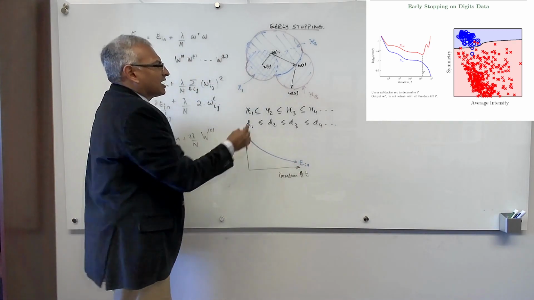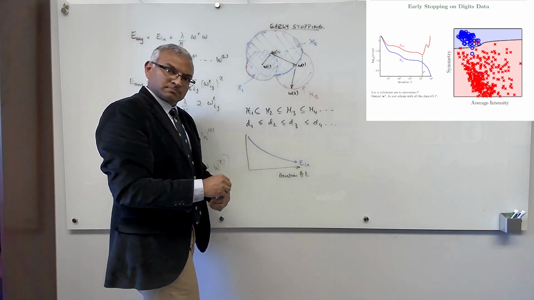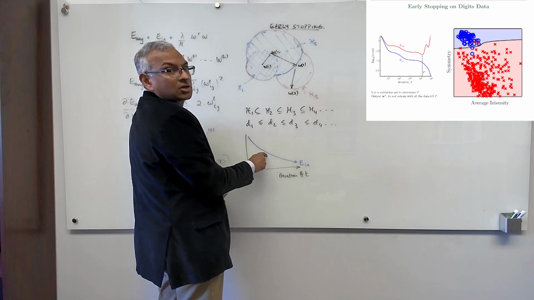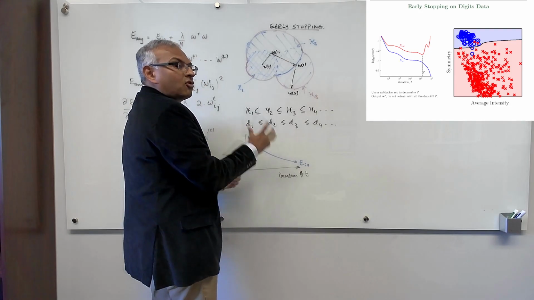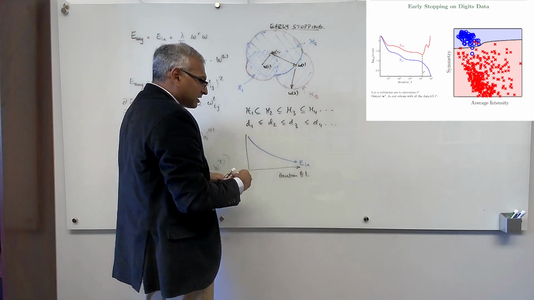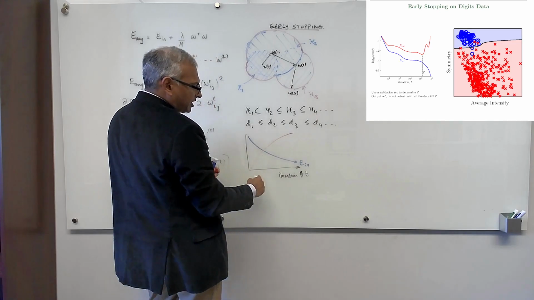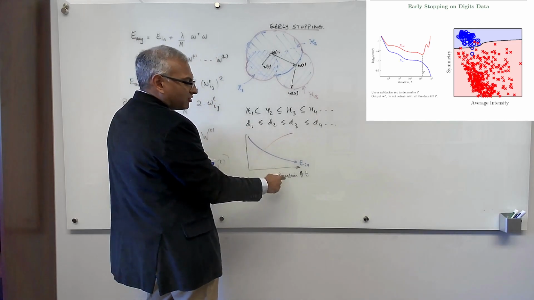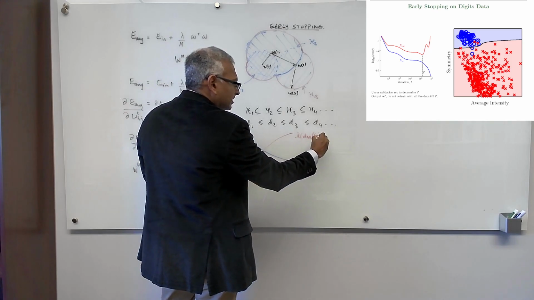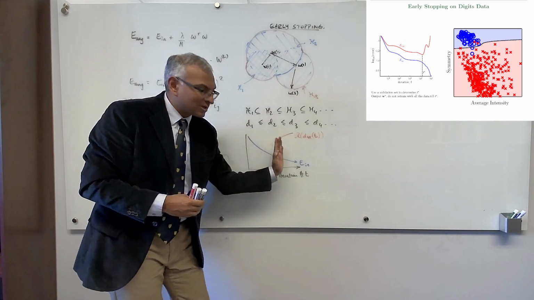But effectively, at each step, I've searched a larger hypothesis set. So what's the link between the in-sample error that I've currently gotten to and the out-of-sample error for the hypothesis set that I've searched up until that point? The penalty I better pay is this VC penalty that depends on the DVC for iteration T, omega of DVC for iteration T, because I searched a larger hypothesis set. So this is sort of what's going on.